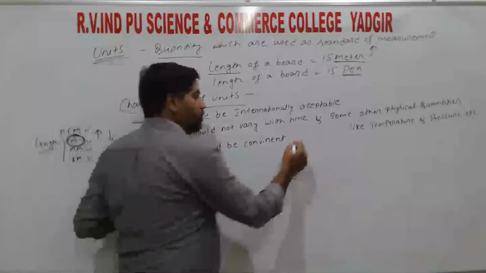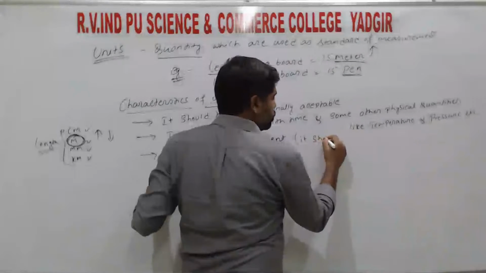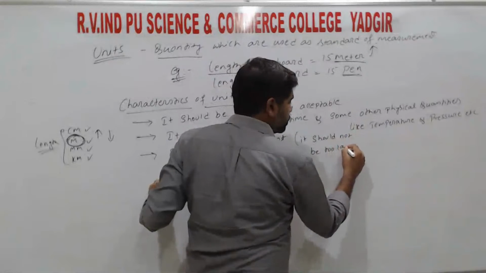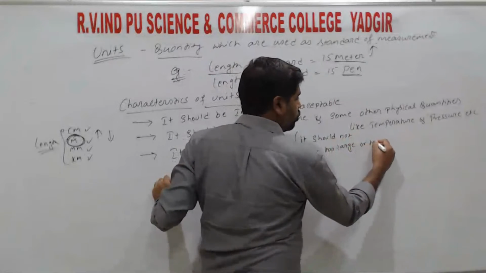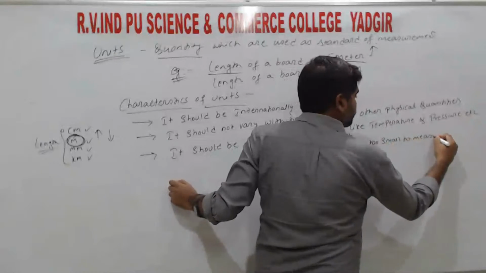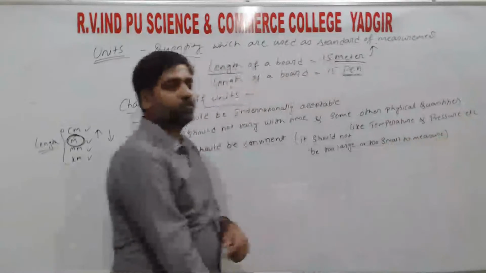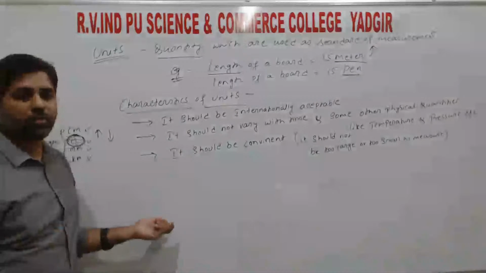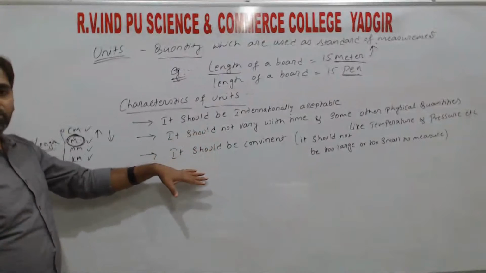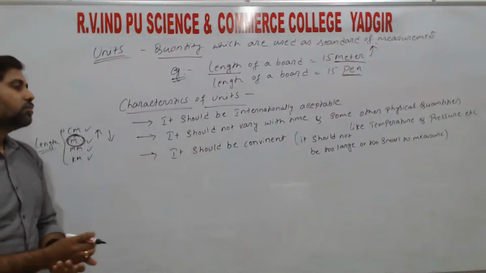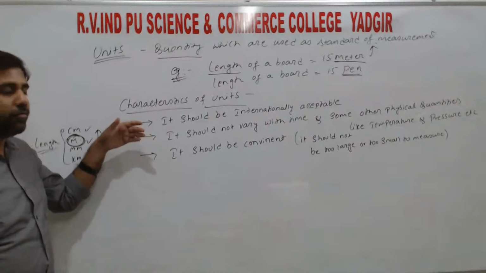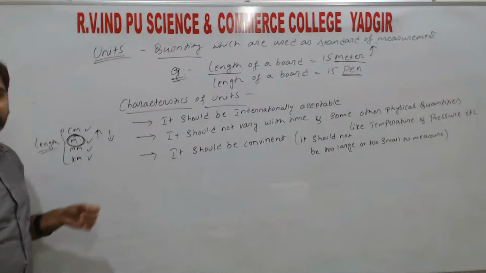So it should be convenient, which means it should not be too large or too small to measure, right. So when we are measuring a physical quantity, the unit should not be too large or too small. So which unit is large and which unit is small?